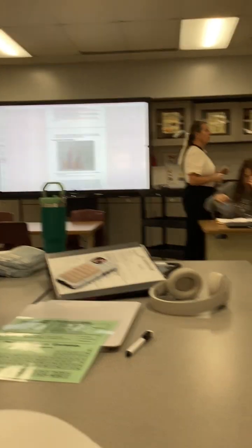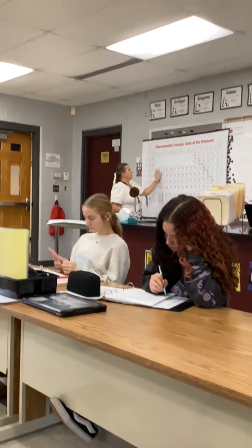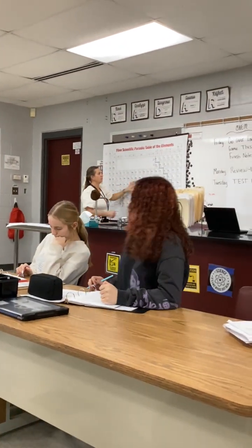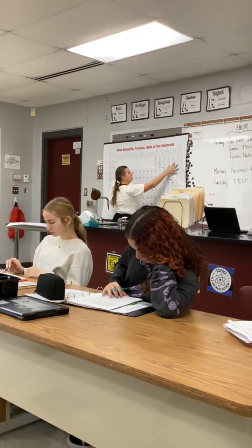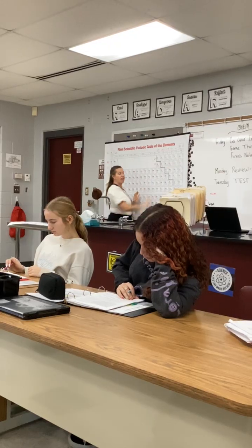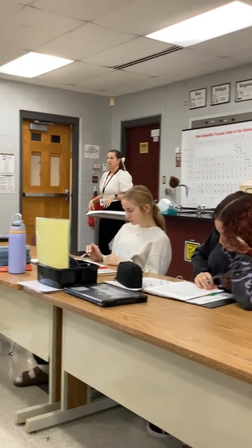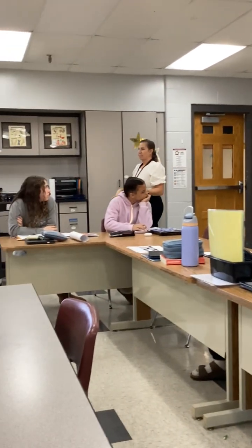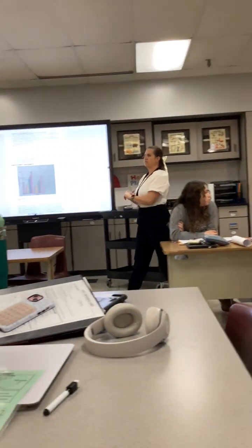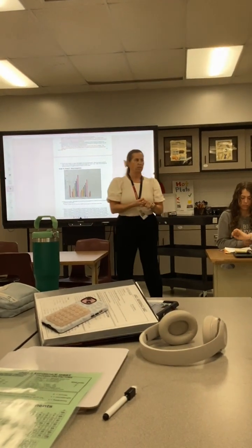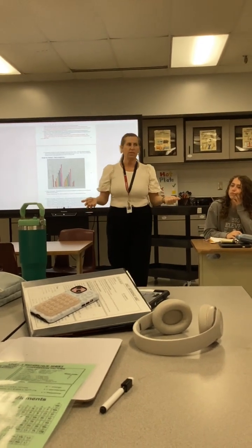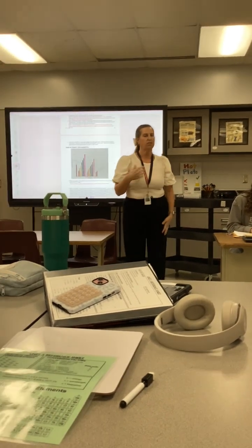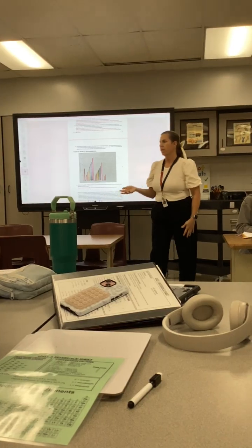If you know that there's a metal, all of these to the left of the staircase are metals, and that is bonded to a non-metal, that is an ionic bond, okay? Also, if electronegativity difference is greater than 2. And you can tell the further apart they are from one another on the periodic table, the electronegativity difference is going to be greater, okay?